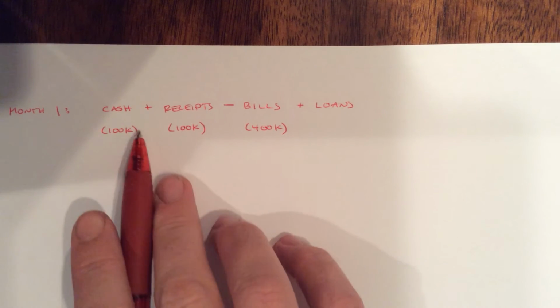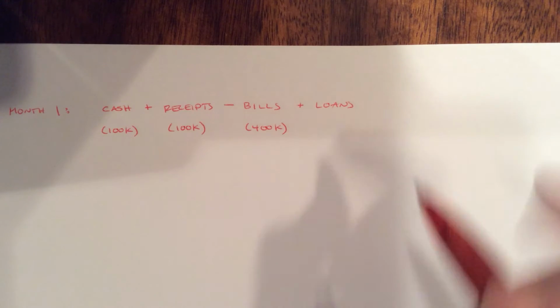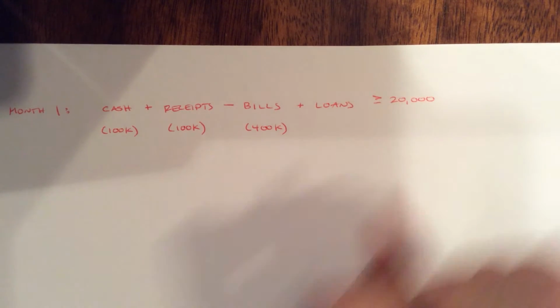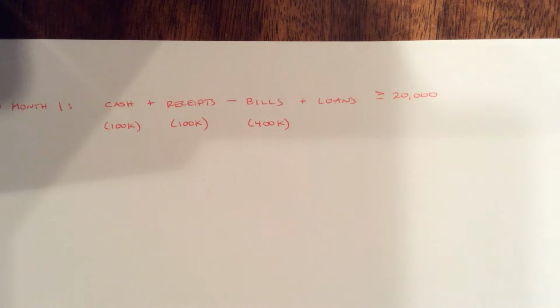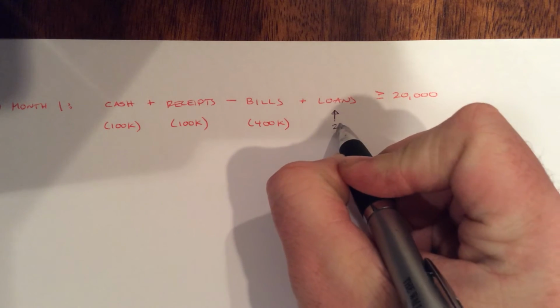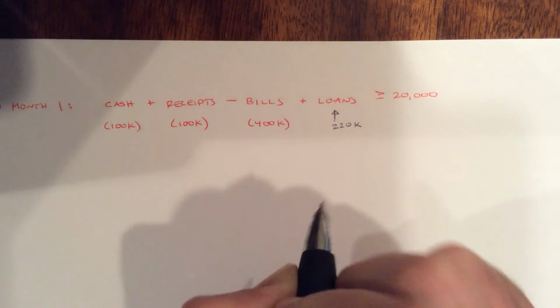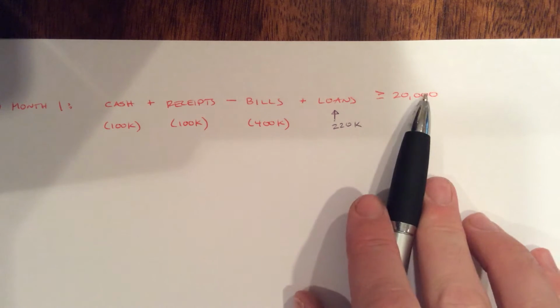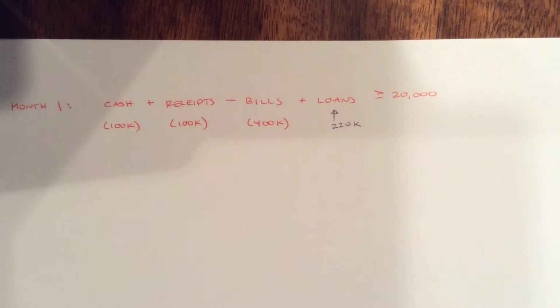So this amount, cash plus receipts minus bills plus loans, has to be greater than or equal to 20,000. And that's our first constraint. So from this we can tell that this loan amount is going to be 220,000, because we need to cover this plus the 20,000, so it needs to be at least 220,000.